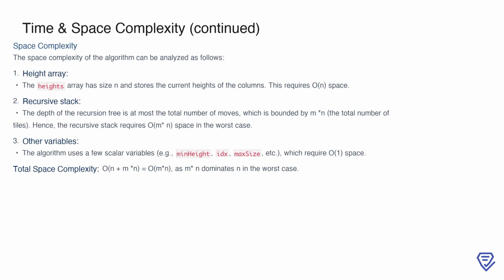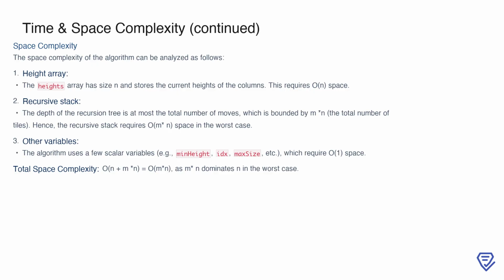Let's analyze the space complexity now. The algorithm uses the heights array to represent the current heights of the rectangle's columns, which requires O(n) space since there are n columns. Additionally, the recursion stack depth is bounded by the total number of moves, which in the worst case equals the total number of tiles in the rectangle, or m * n.